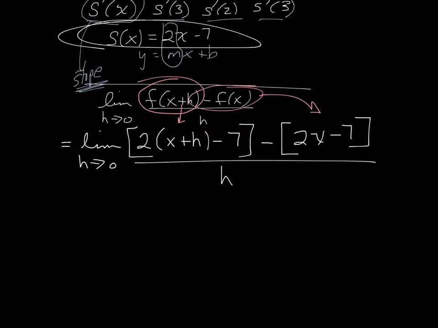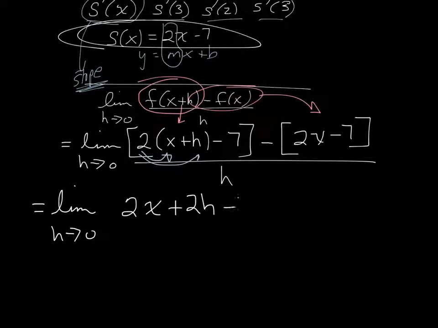Now we do the algebra. So I equal the limit as h goes to 0. I'm going to distribute this 2 to everything in the parentheses. So that's going to give me 2x plus 2h and then minus 7. Let's go ahead and distribute this negative sign.